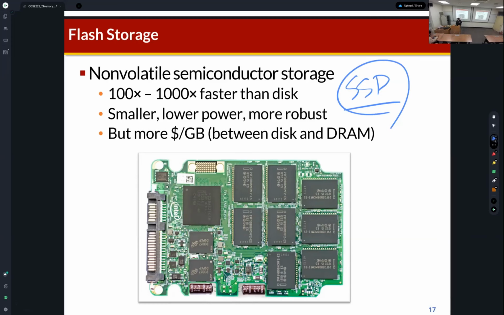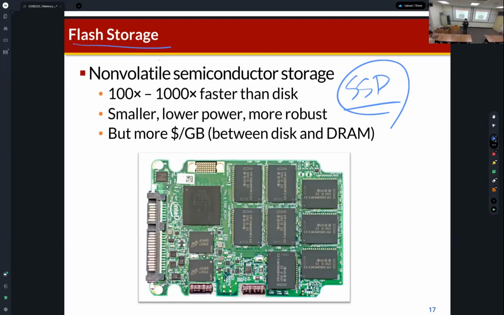Unlike the magnetic disk or hard disk drive, flash storage uses flash memory, which is a semiconductor chip, so it's very fast.